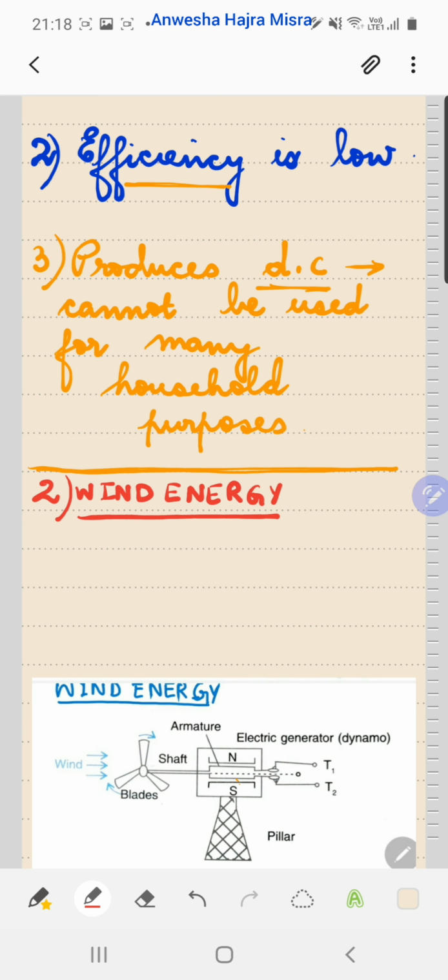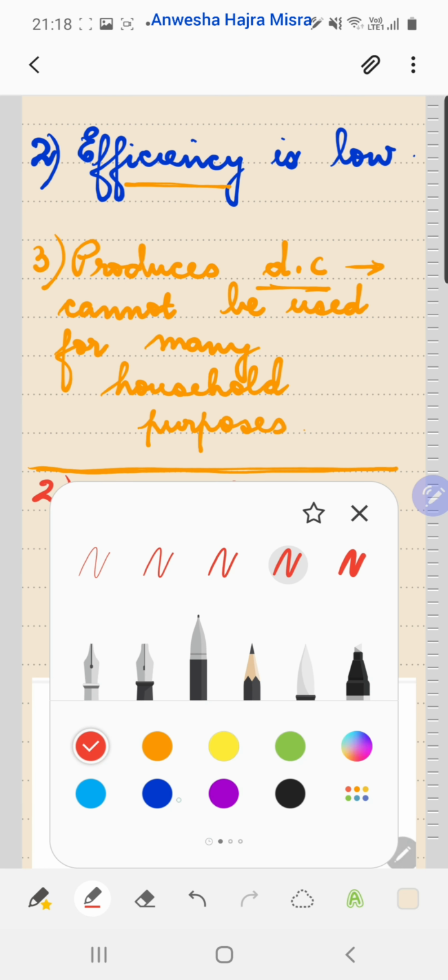Now what happens, children, in a magnetic field, say you have a magnetic field with a north pole and a south pole.